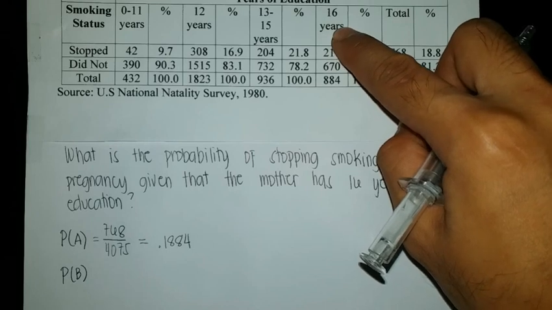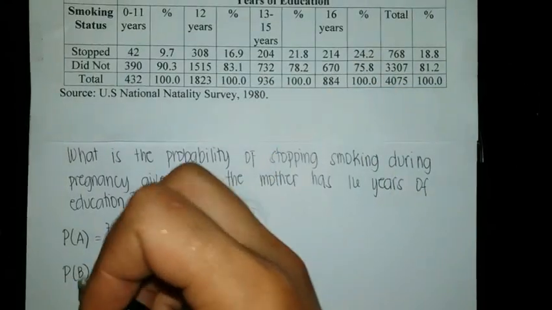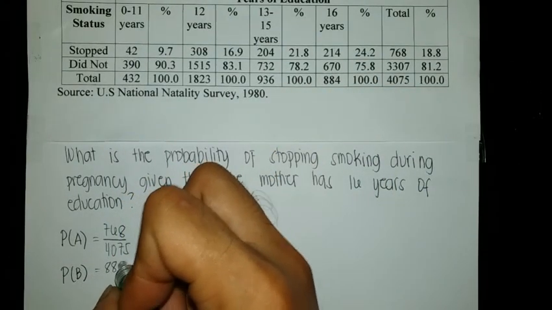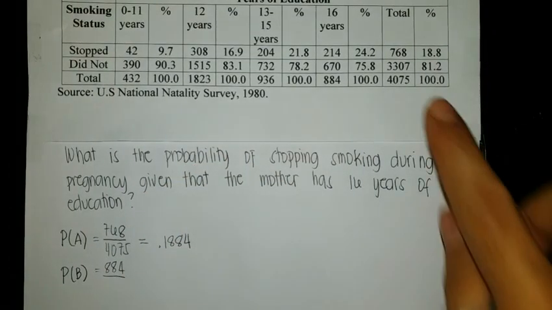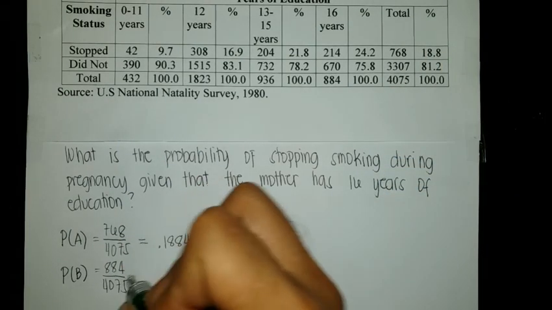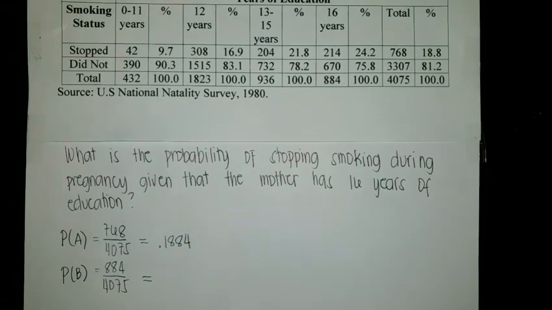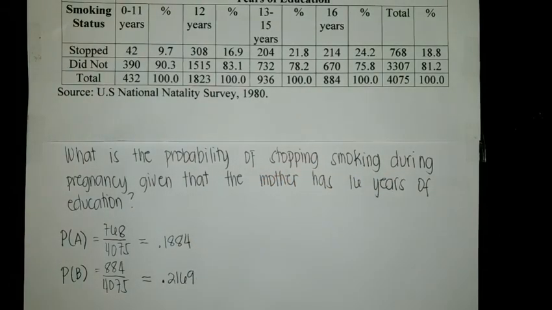The number of favorable outcomes under 16 years of education is 884, divided by the total number of possible outcomes, which is also 4,075. Getting now the quotient, that will be approximately 0.2169. So, 0.2169 is the probability of selecting a mother who has 16 years of education.